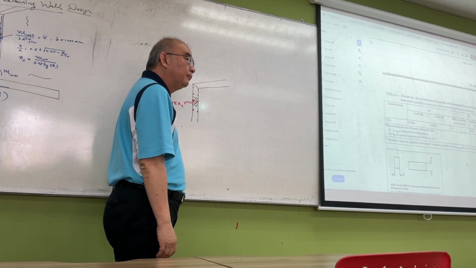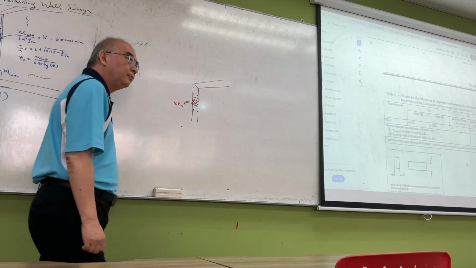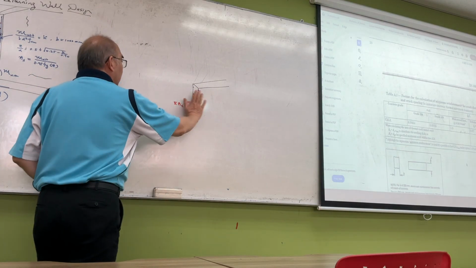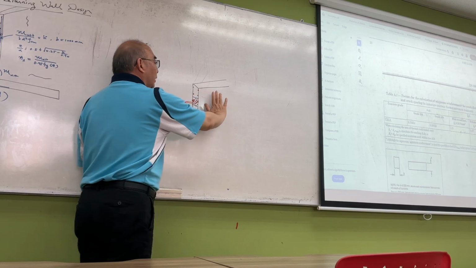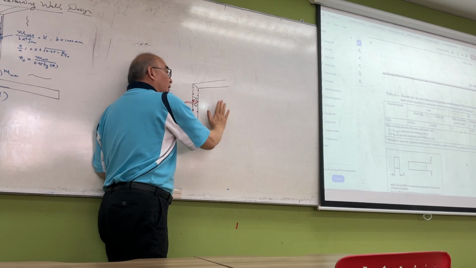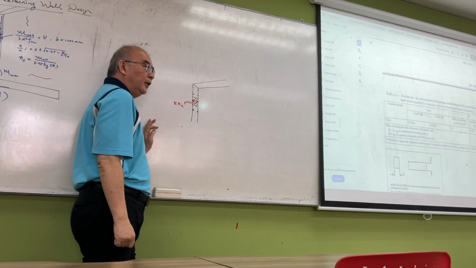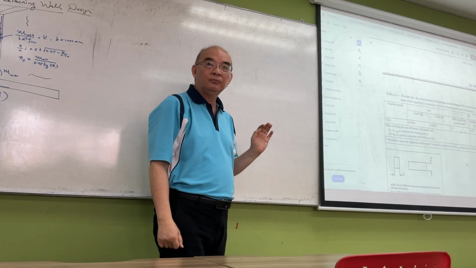Correct, right? That means this direction you need to have 0.25%, and also this direction you need to have 0.25%. Understand?